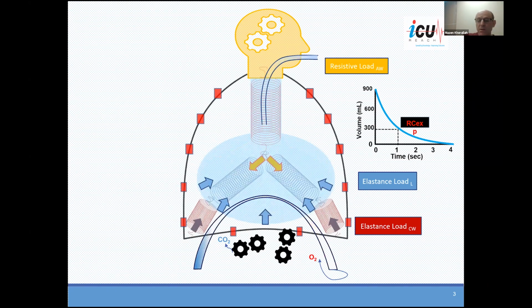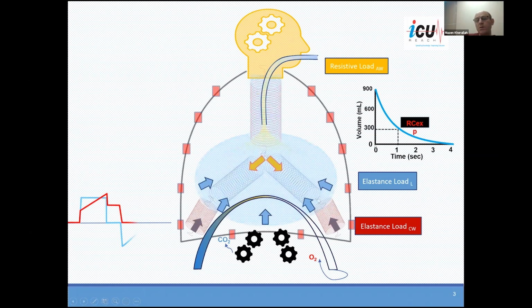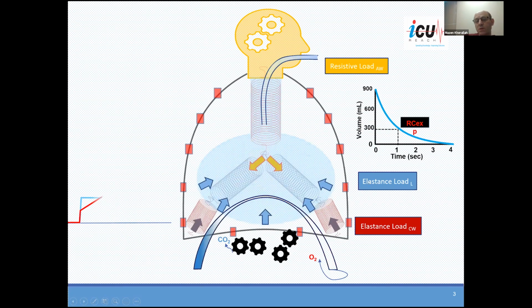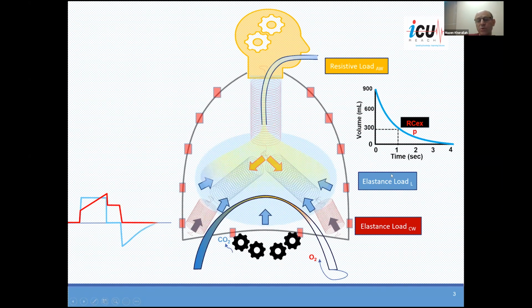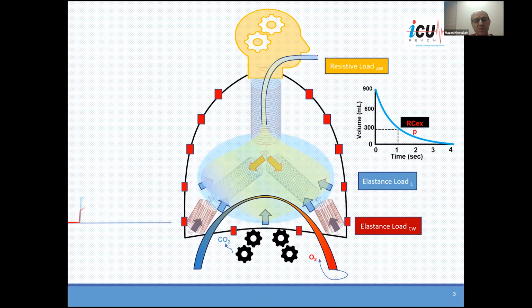And with these two different loads, the resistive load versus the elastance load, once the patient is intubated, you will be able to get so much information from the curves that we have on the ventilator. You would be looking at the initial rise in the pressure.